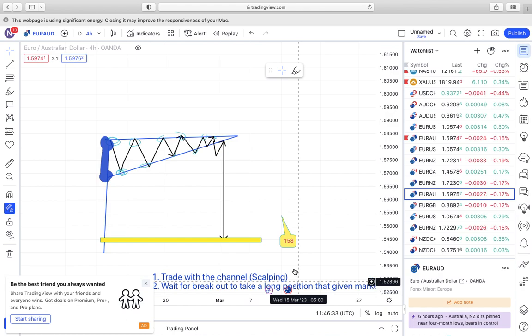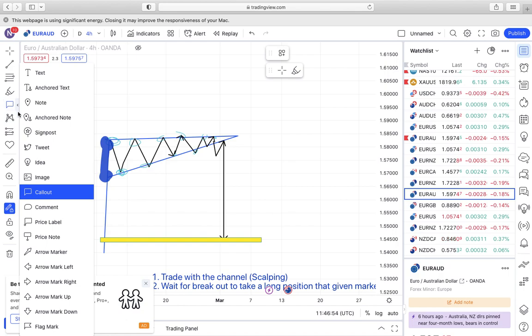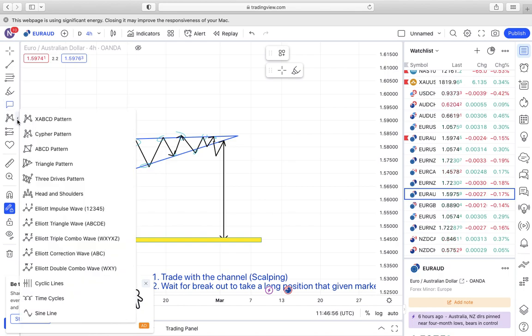Remember, I told you that bilateral signifies that the market can move in either way, which means the market can break to the lower side or the market can break to the upper side.